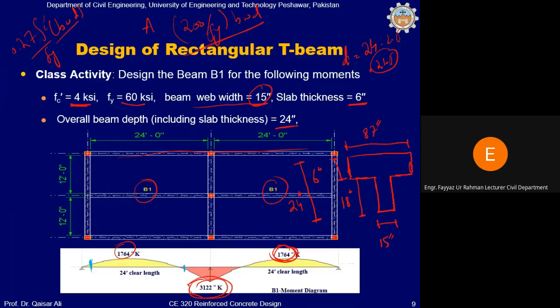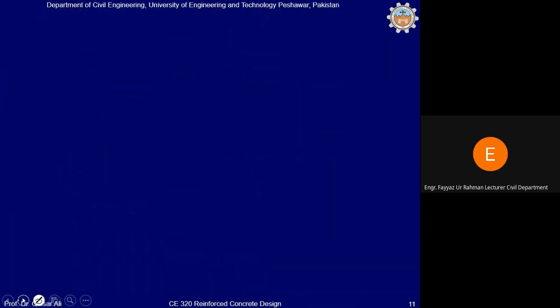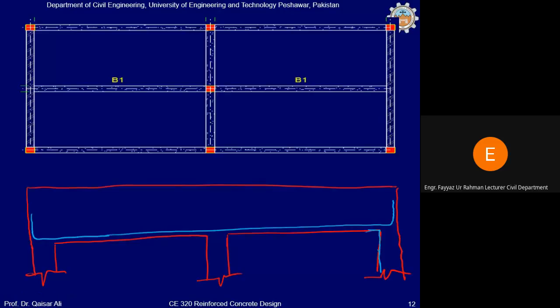Clear? तो आप इन 2 बार्स को curtail कर सकते हैं at the interior support only. तो यहाँ पर आप ये कट लगाकर इसको represent कर सकते हैं in the longitudinal section. It means that we have curtailed 2 bars from this layer.